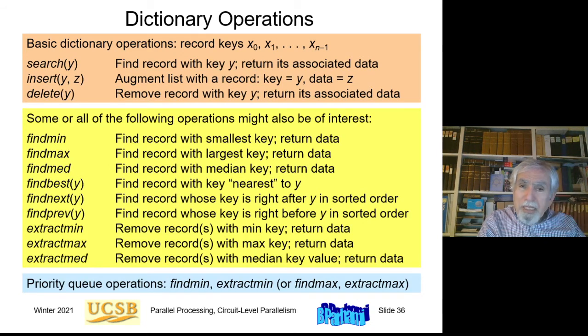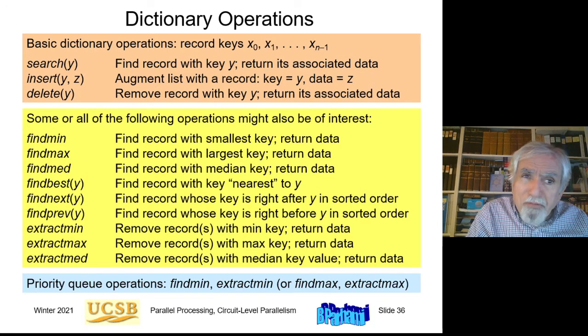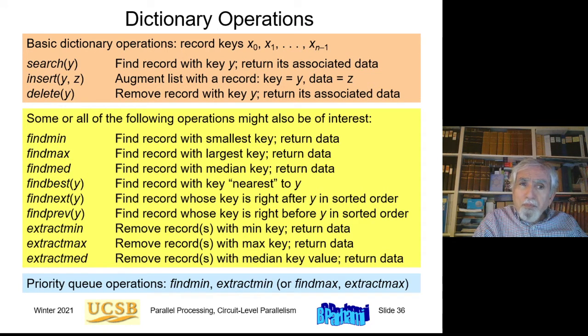So these kinds of operations that we define in a queue, not necessarily priority queue, are generalized into what we call dictionary operations.